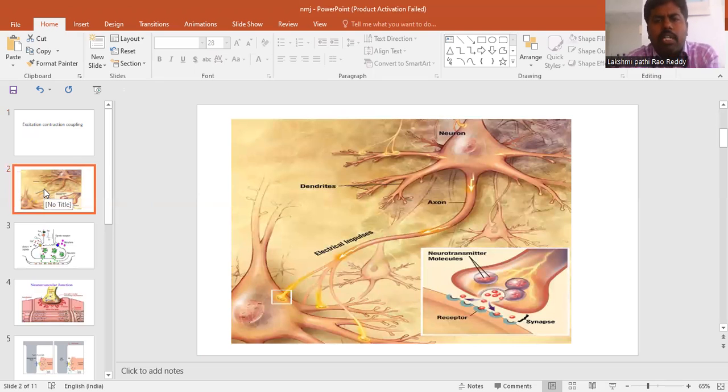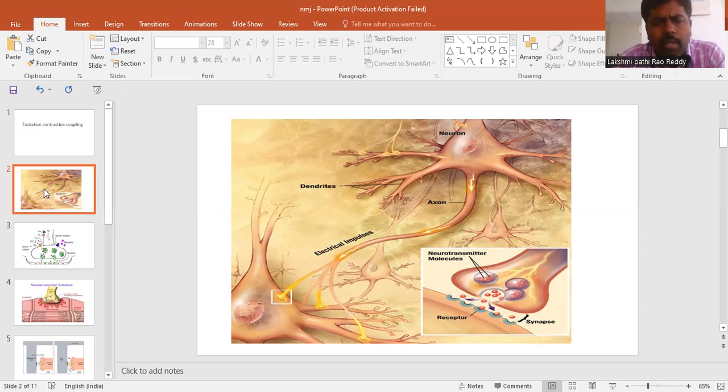So in this diagram, we can see a nerve fiber that receives signals, receiving the sensation, from the cell body, and from the axon hillock the action potential starts in the axon and travels throughout the axon.